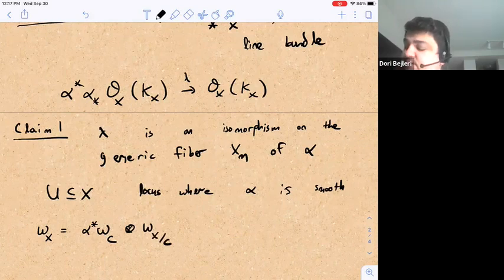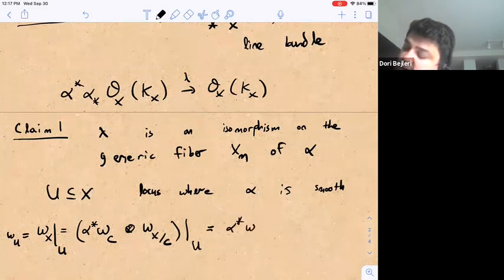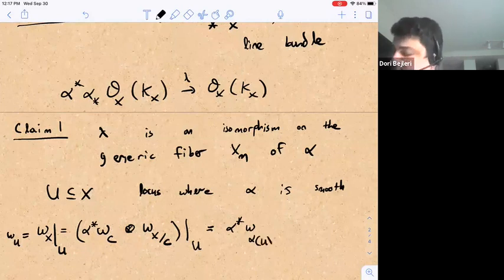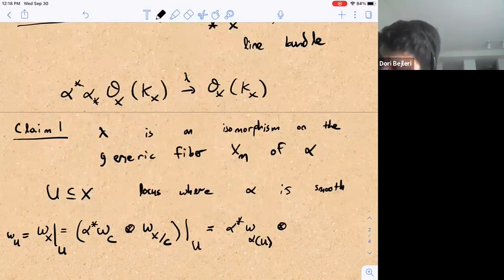But now if we restrict this to our smooth locus, this is alpha upper star omega of whatever the smooth locus on the base is, tensor. Well, now we're on this locus where the fibers are smooth, so this relative canonical is really just the relative differentials.